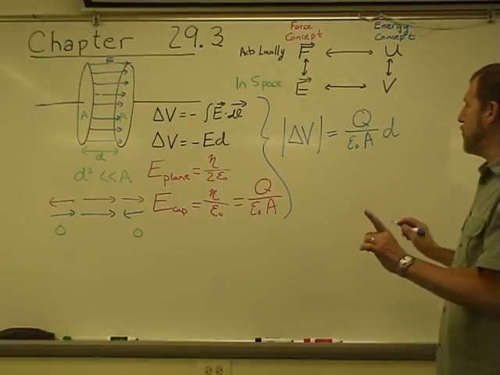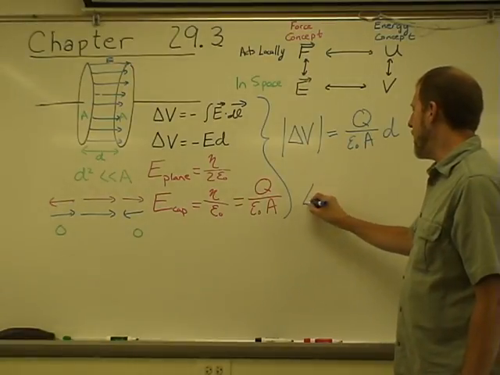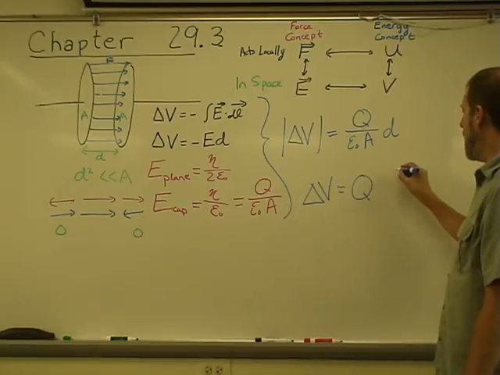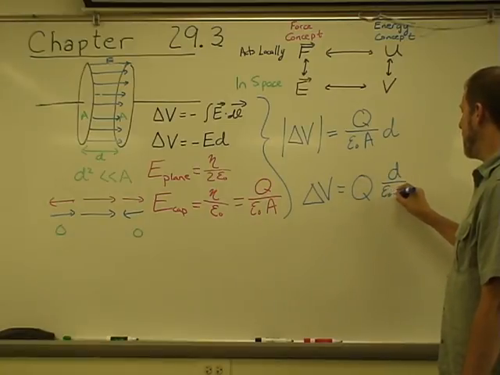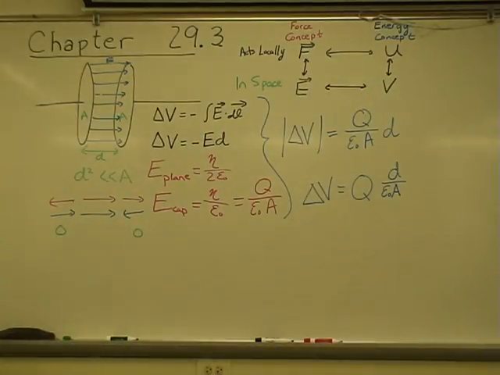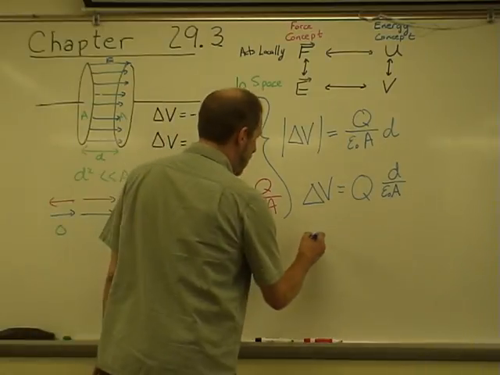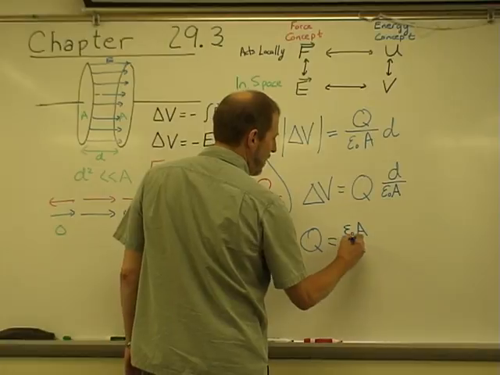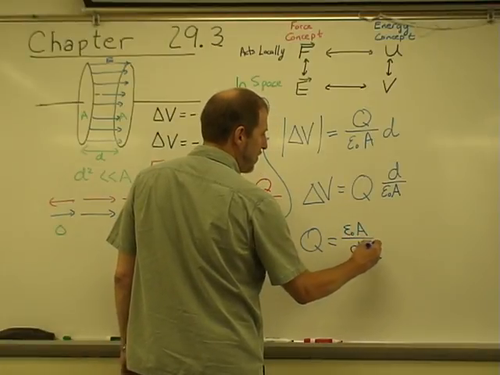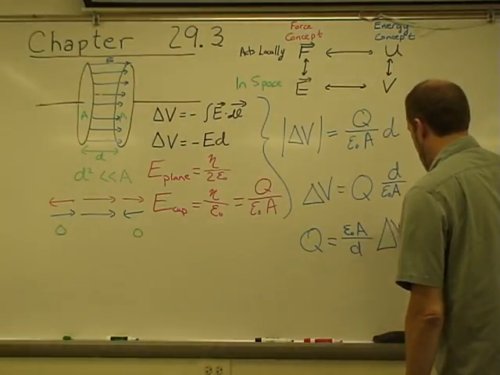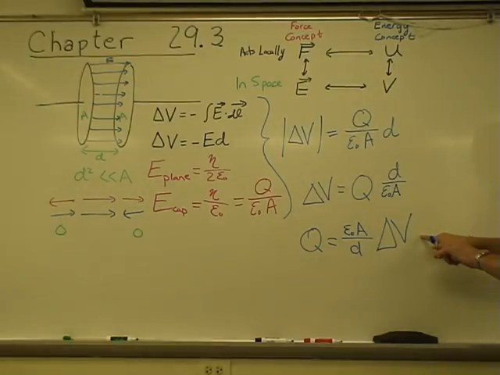And the reason why that's useful is because I can say the change in electric potential is equal to the charge stored on the plates times the distance between the plates over epsilon naught times the area A, or Q is equal to the constant epsilon naught times the cross-sectional area A divided by the separation between them, times the change in electric potential between the two plates.